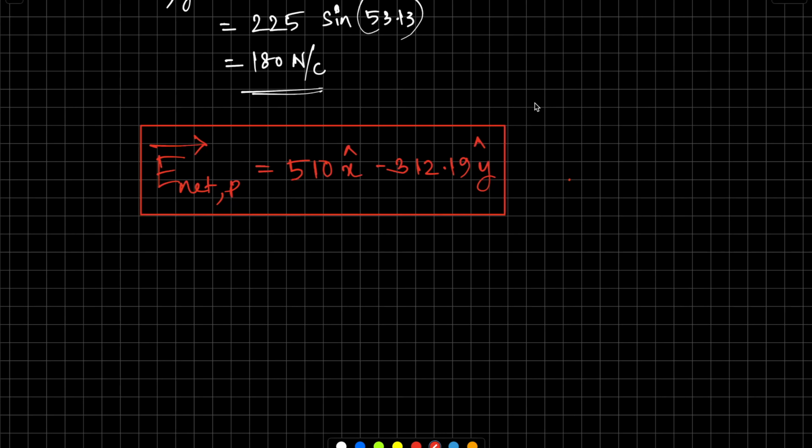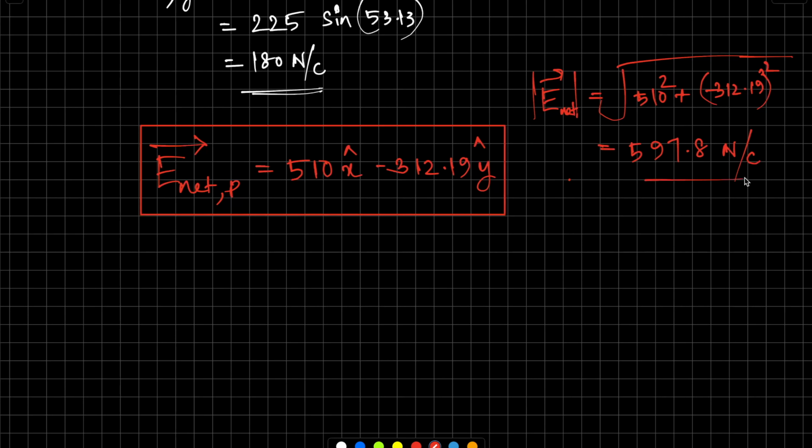Now using this vector we can find the magnitude and direction. To find the magnitude of the net electric field at point P, we can use the Pythagorean theorem: 510 squared plus minus 312.19 the whole squared. If you do that, you'll get 597.8 newton per coulomb.